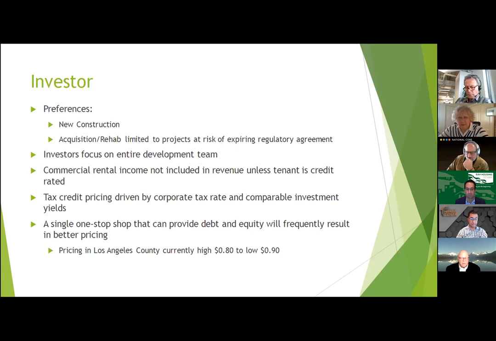As Mo mentioned earlier, pro forma commercial projects are just not considered. You show a pro forma to an investor and it has commercial rent and expenses and net rents, they're just going to throw it out because it's just too risky.